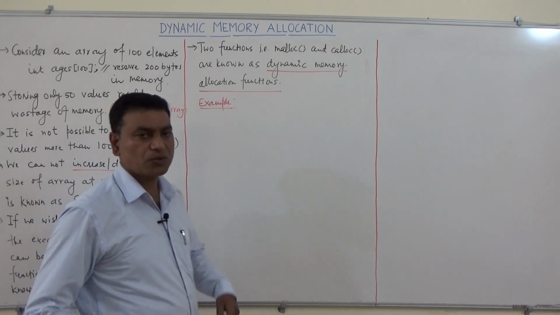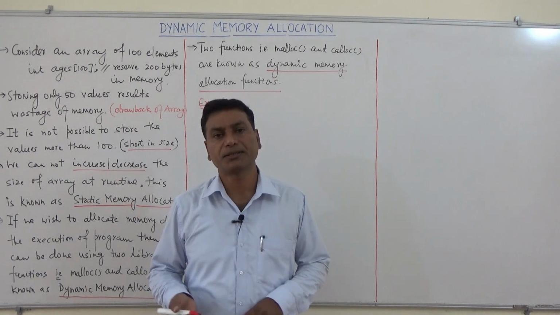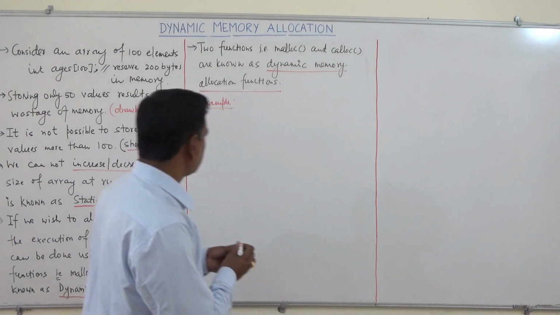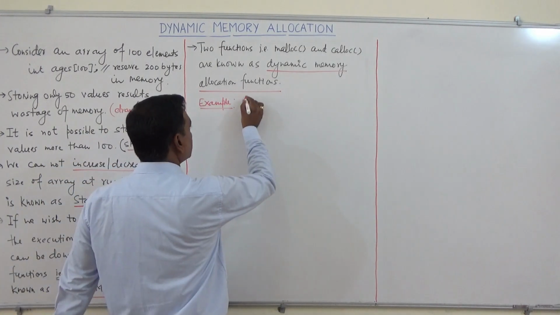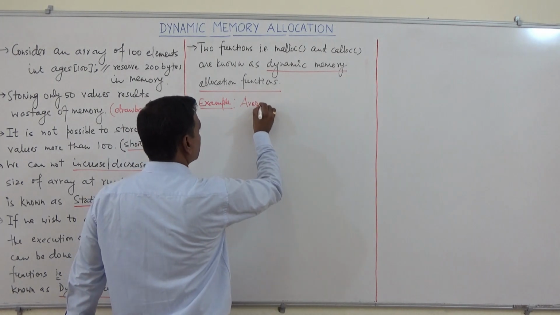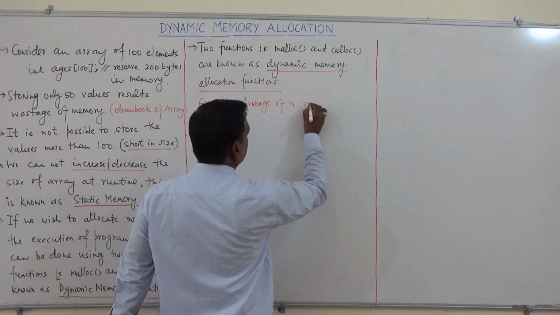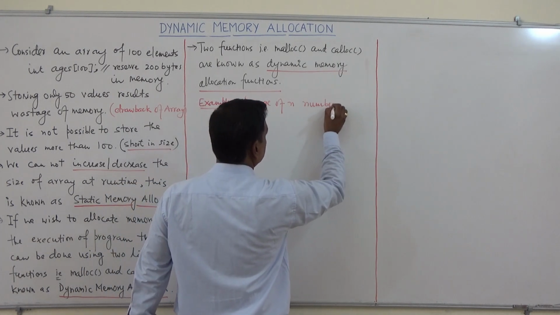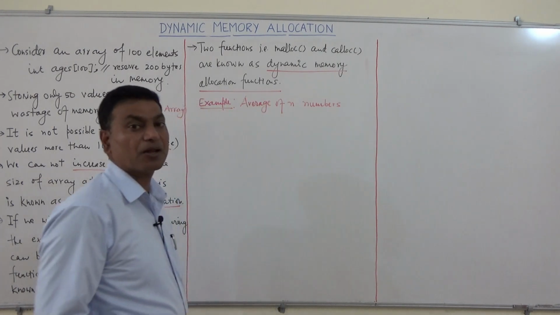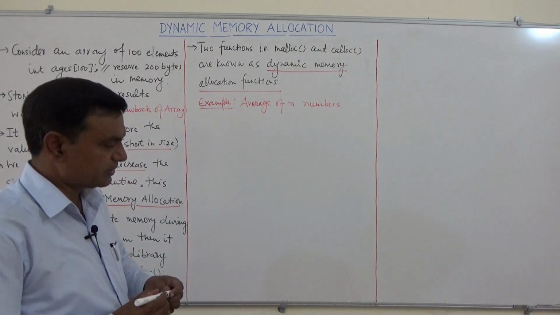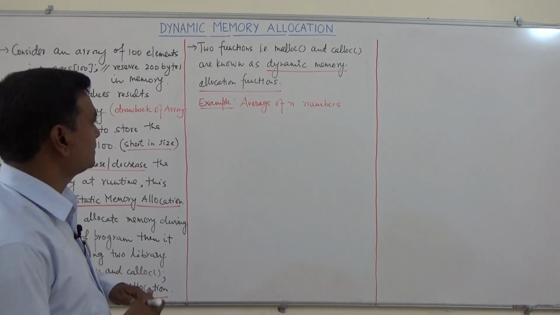Means how we can use this malloc function. So this is the program to find the average of n numbers using malloc. So here we will use the malloc function.